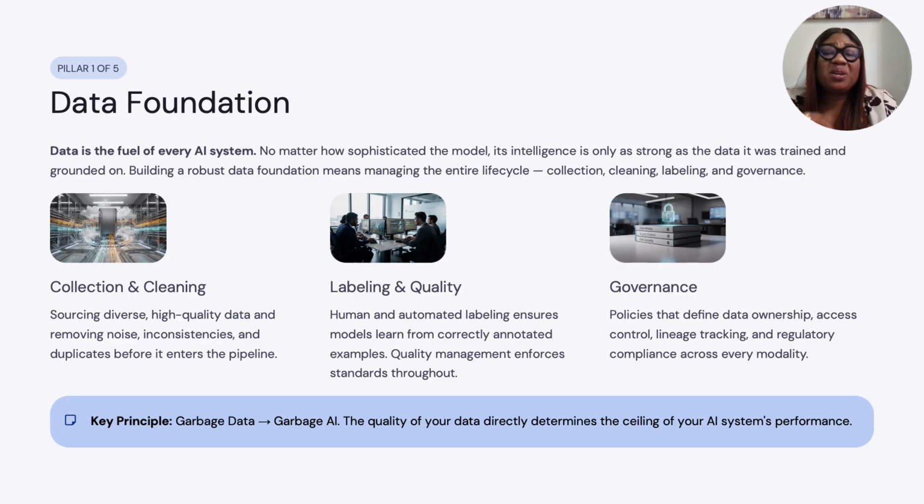It is very important for us to ensure that in feeding or training our model on any data, the data is clean, well labeled, diverse, and properly governed. It is at this point that the AI can give us the maximum intelligence required of our AI system.